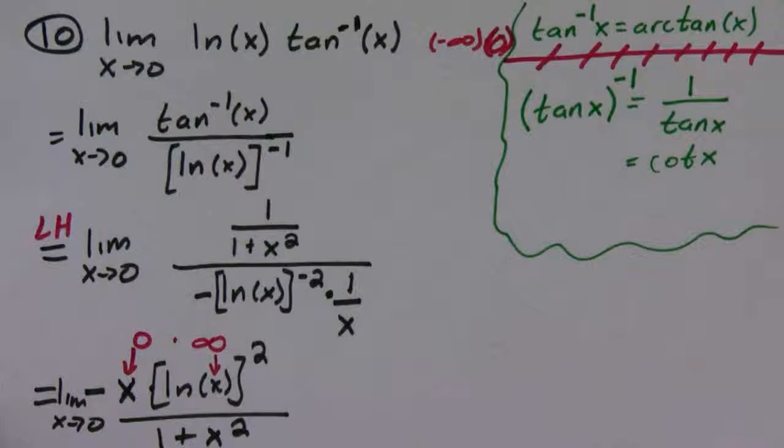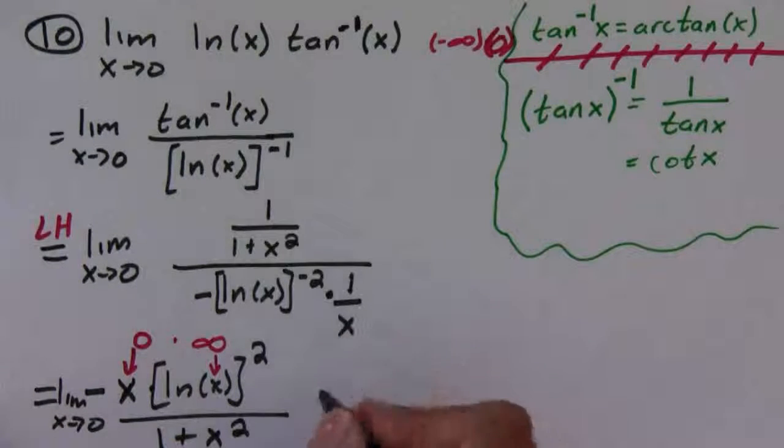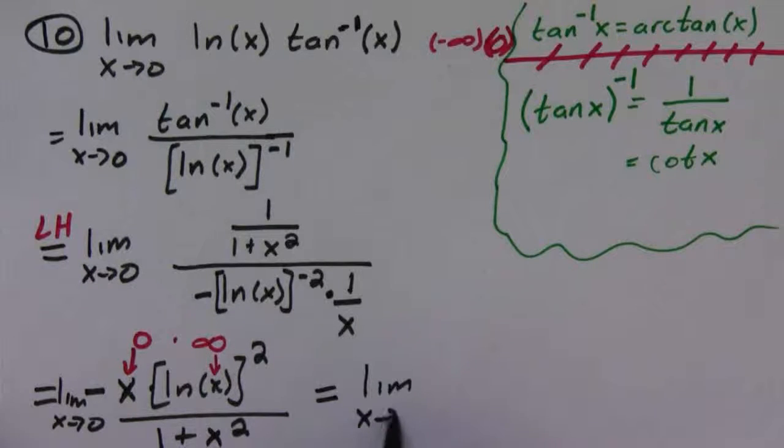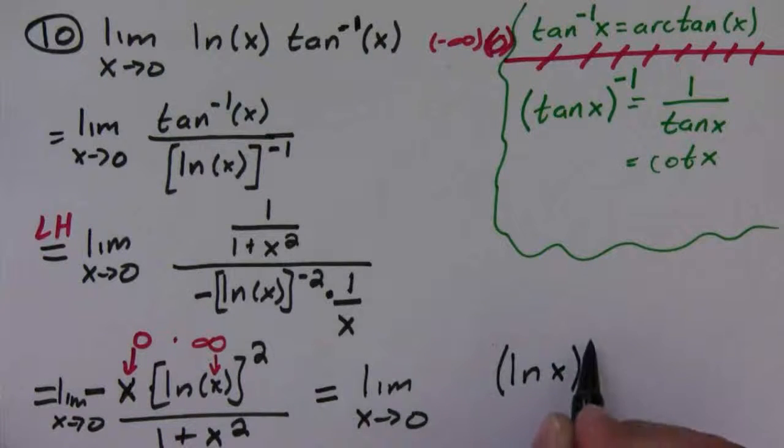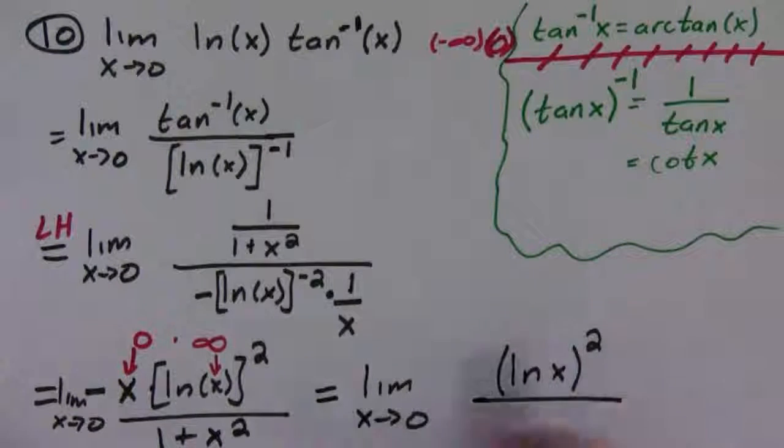And there's nothing I can do to simplify here, but what I can do is just leave the natural log there. Leave natural log here, and bring the x down as x to the negative 1.